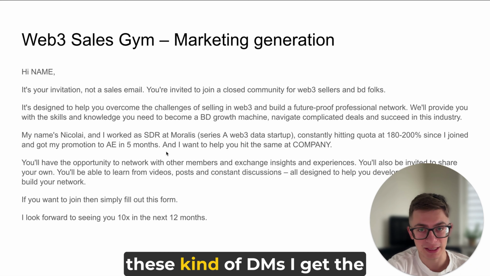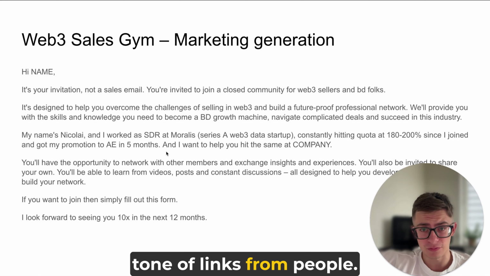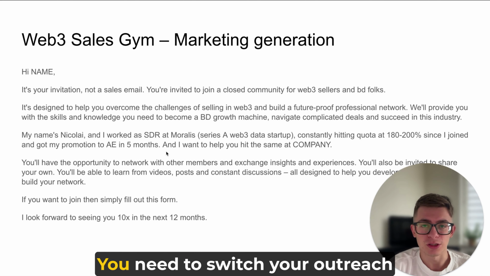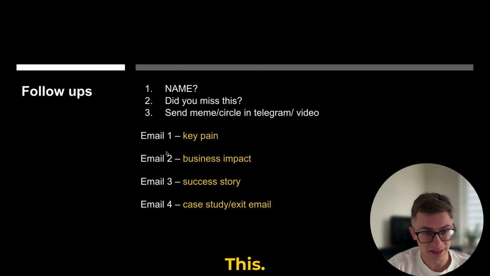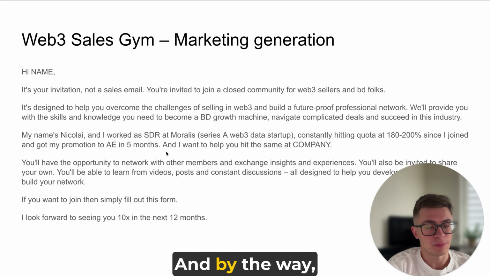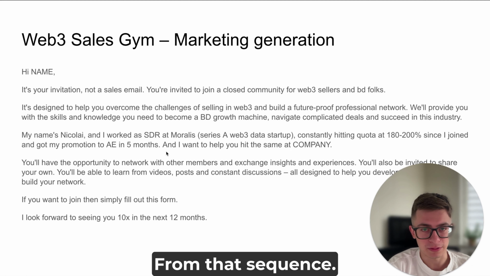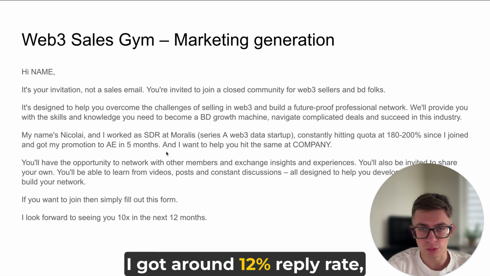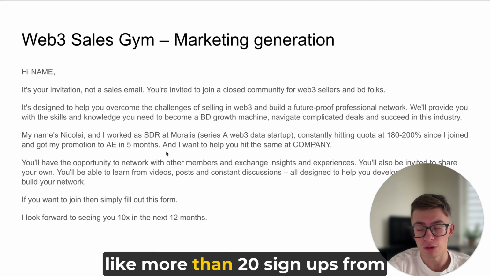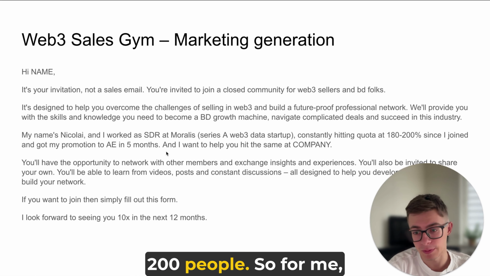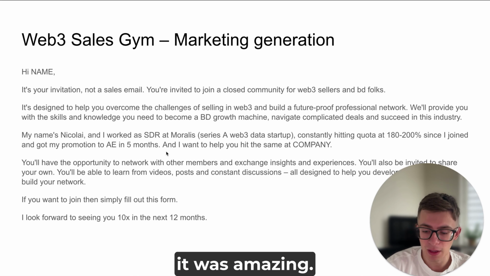If you're sending this kind of DMs, I get a ton of links from people, it's totally useless. You need to switch your outreach from being this to being this. And by the way, this also will work pretty well. From that sequence, I got around 12% reply rate, more than 20 signups from 200 people. So for me, it was amazing.